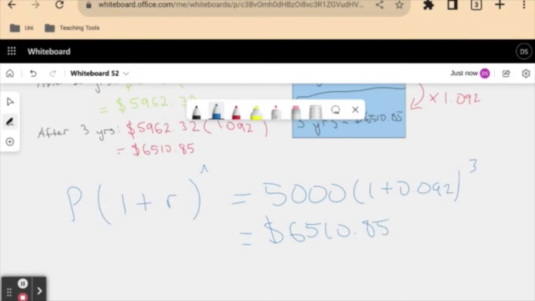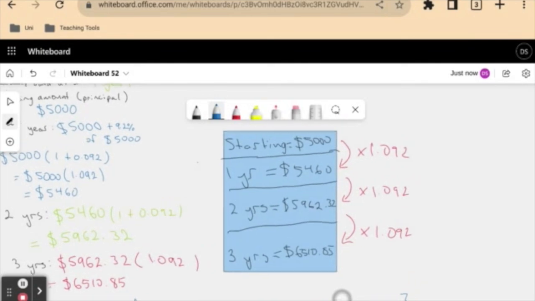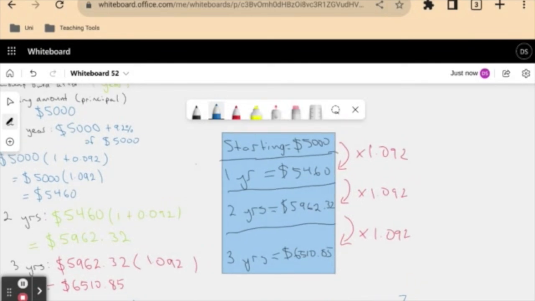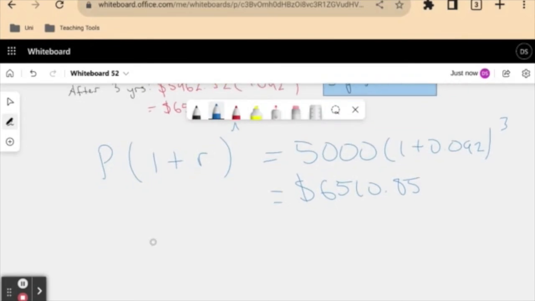So it's important to note here, because we're looking at interest on interest, we're always getting this relationship happening here. And if I were to keep doing this 9 times, for example, so if I wanted to find after 9 years, well, I would take my principal and multiply it by 1, its starting amount, plus the rate increase to the power of 9.